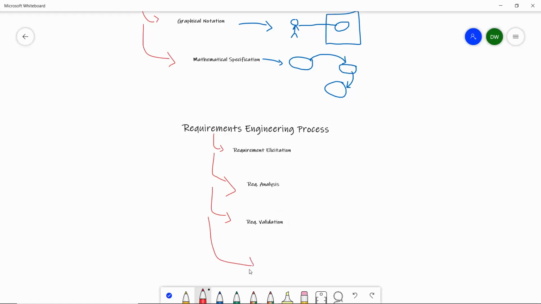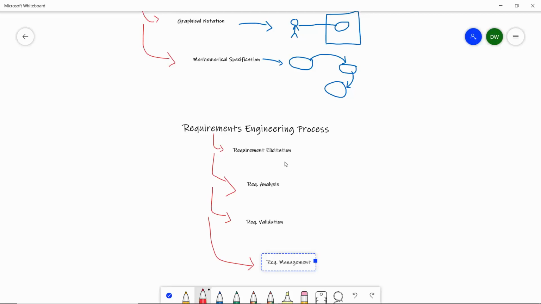And finally, we will have to manage the requirements. So these are the activities involved in the requirements engineering process, right? As I told you before, since this is an engineering process, we have a standard set of activities to be followed, and these are those activities, right?